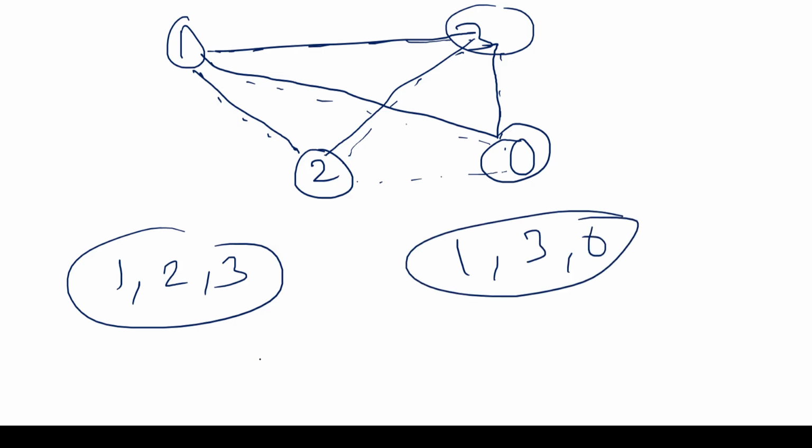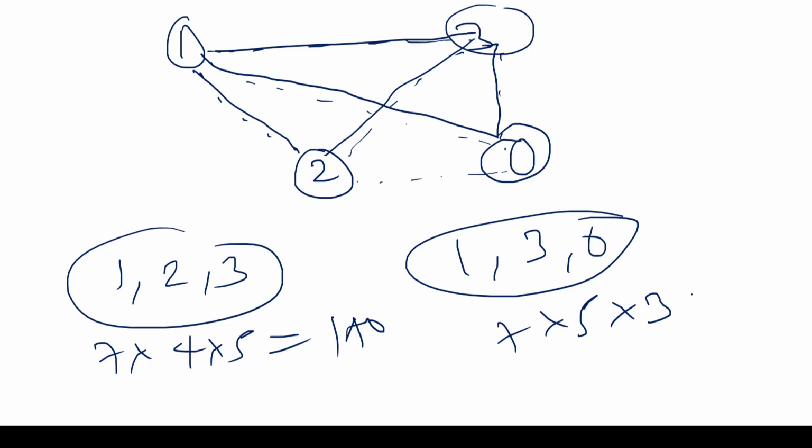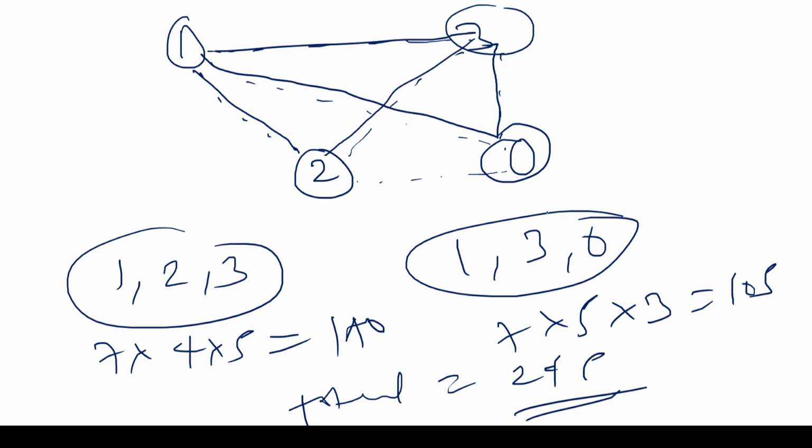If you find the score here, we'll say 7 into 4 into 5, for example, it will come approximately 140. If you multiply 7 5 into 3, we'll get 105. So the total will be 245, we can say that.